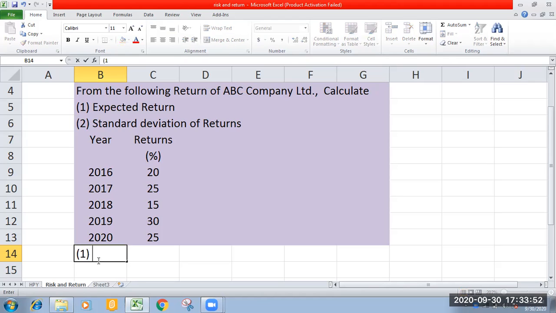So the calculation of expected return is very simple.